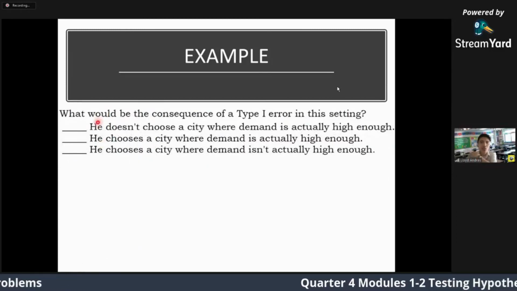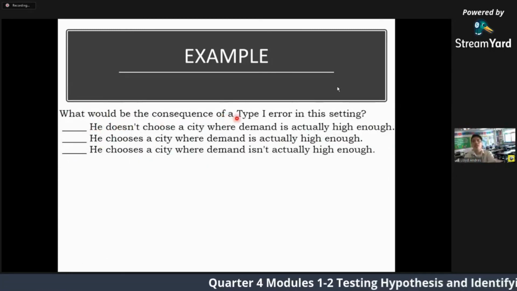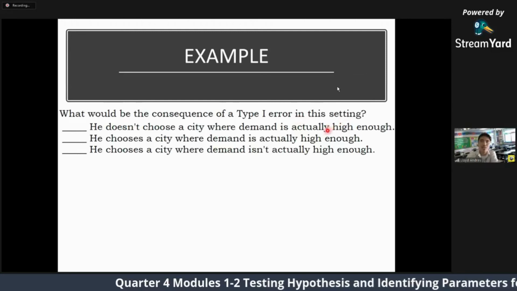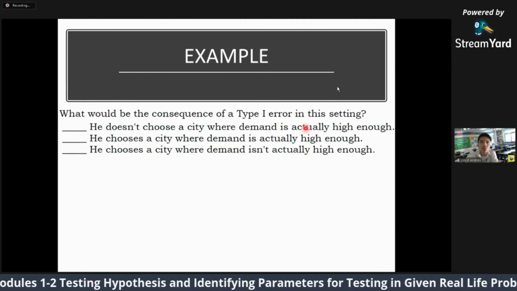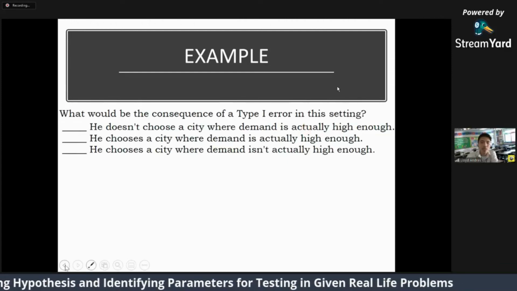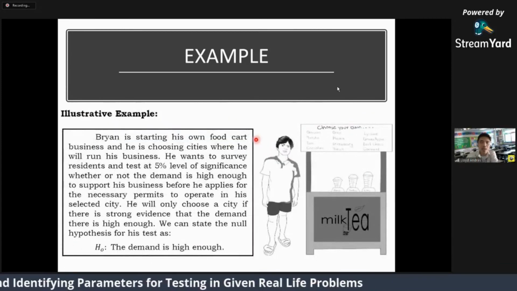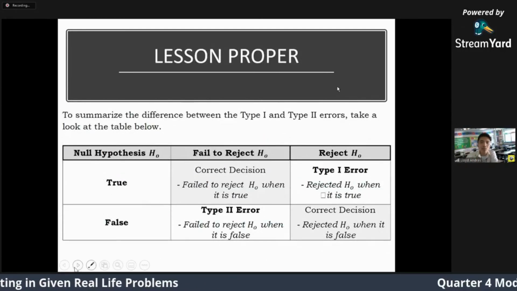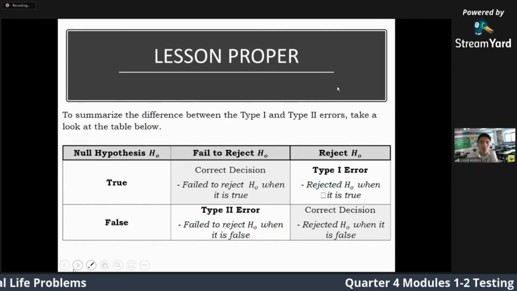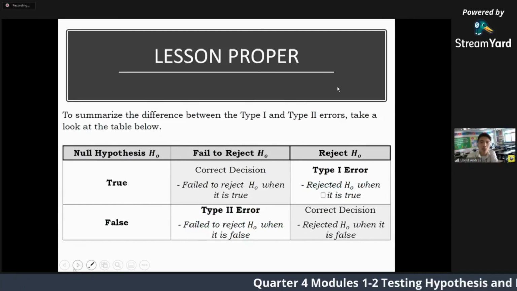So question, what would be the consequence of a type 1 error in this setting? What if he commits a type 1 error? A type 1 error is when you reject the null, but in fact it is true.